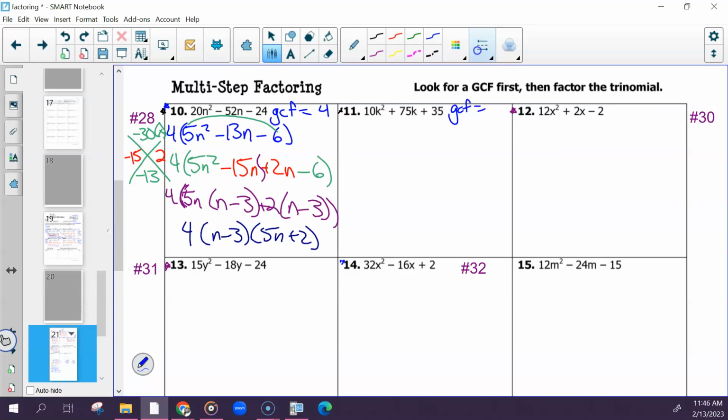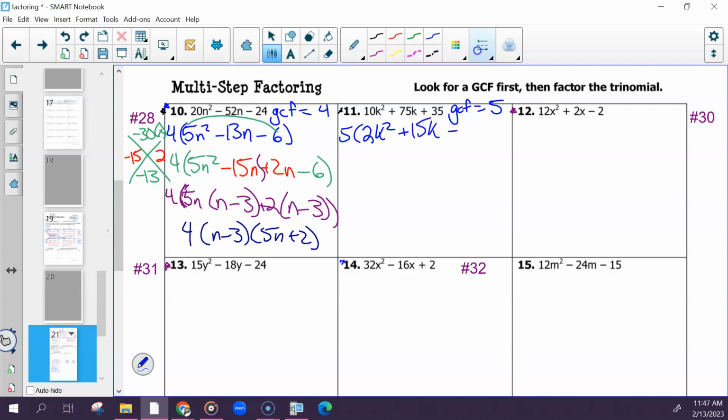What is the GCF of 11? 5, yes. If we divide these all by 5, what's left? A squared plus, what's 75 divided by 5? 15.